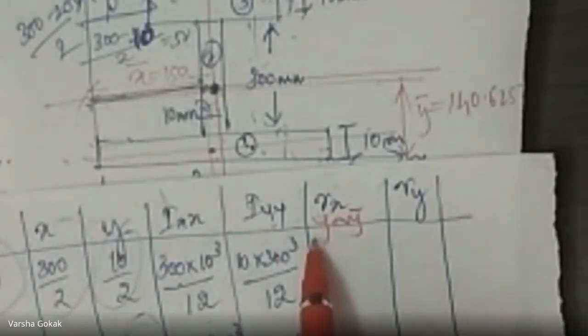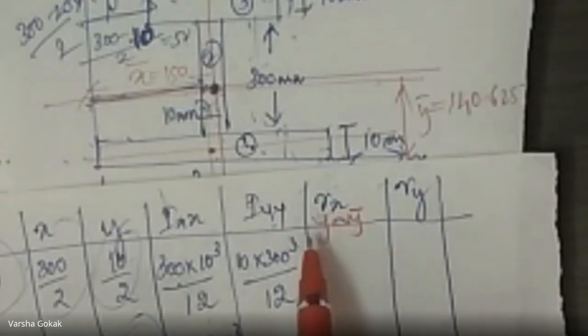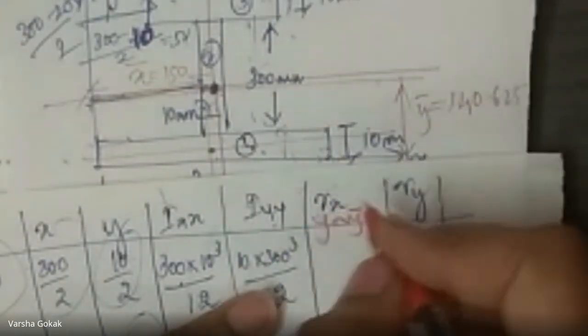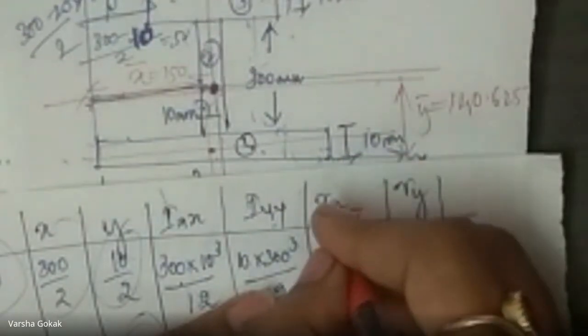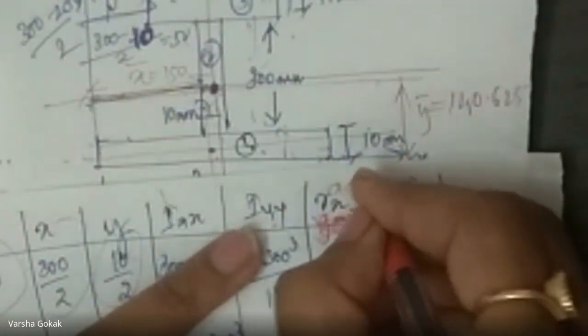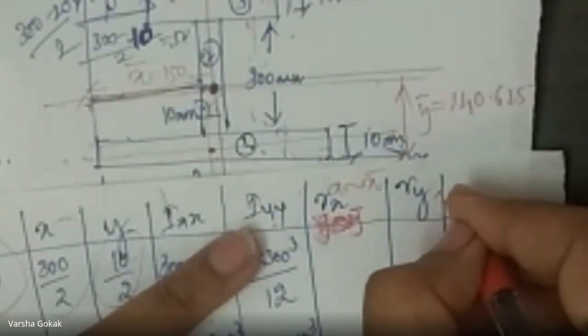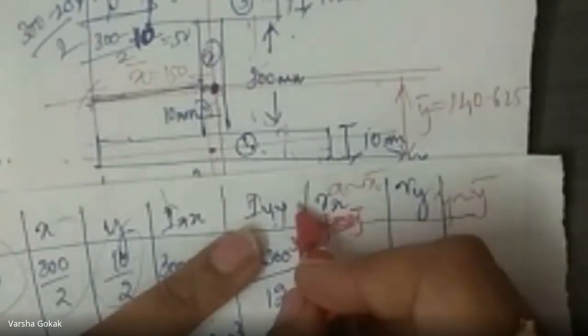I will not write y minus y bar. When I say difference, whichever is higher, subtract the smaller one from it. Take it as x difference x bar and y difference y bar for Rx and Ry.